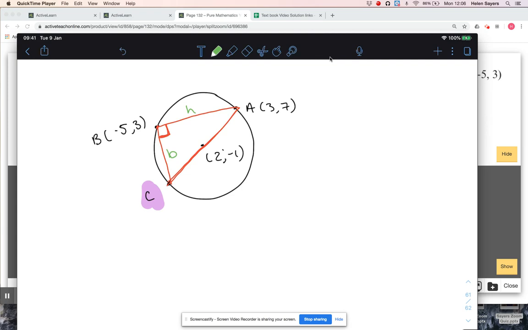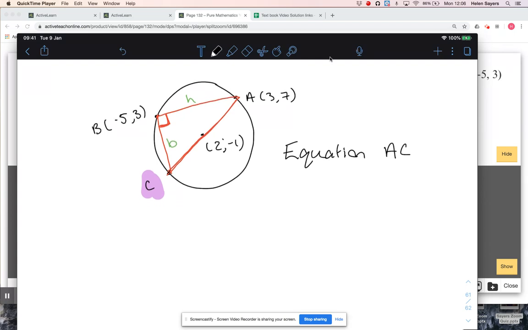So let's figure out the equation of the line which goes through A and C. I don't have C, but I do have two coordinates that it goes through.